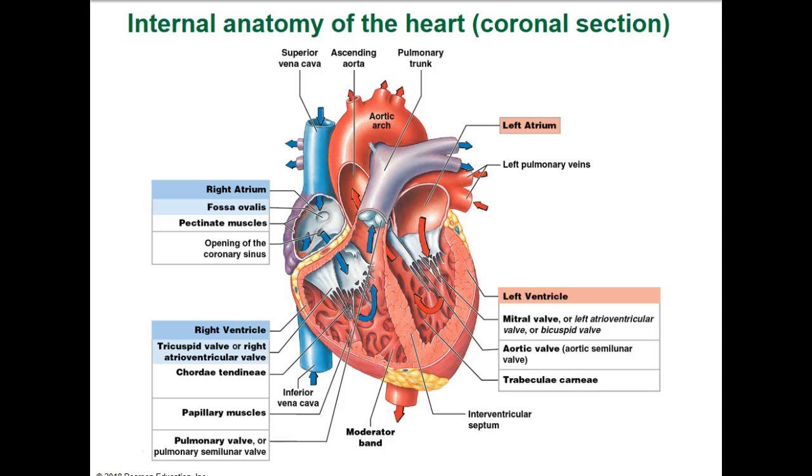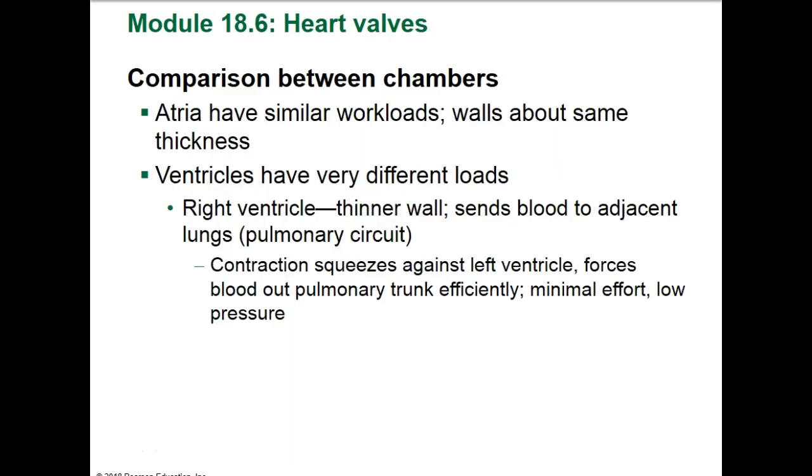Okay, so this shows those valves again, and it shows the chordae tendineae. Again, very similar to tendon material. If we compare the chambers, they actually have similar workloads. I mean, they do have to carry the same amount of blood, so the walls are about the same thickness.